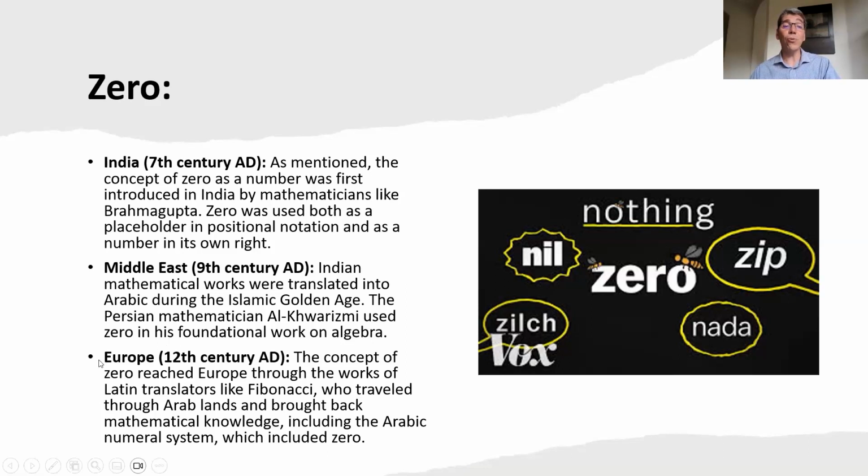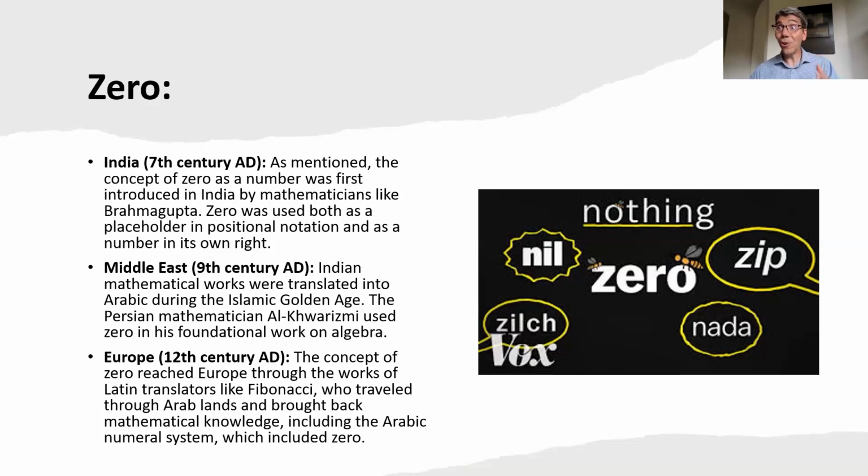And then it went to Europe about the 12th century AD. So then some Latin translators like Fibonacci translated the works of the Arab mathematicians and introduced now the Arabic numbers and the concept of 0 and the concept of negative numbers.